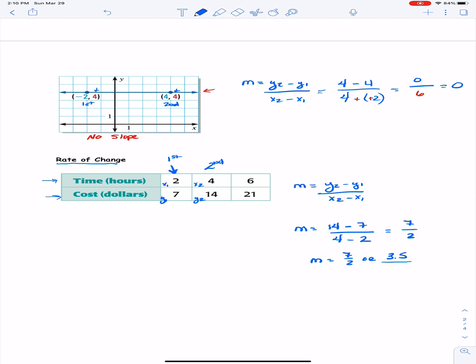So in this case, this cost me $3.50 per hour of time. So that is why we use the word rate of change versus slope in this context. Okay? But I want you to understand that rate of change and slope are identical. It's just the way that we use the verbiage when we're looking at questions.